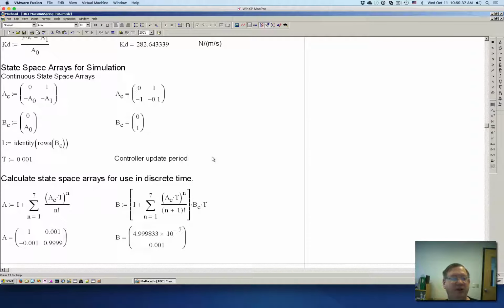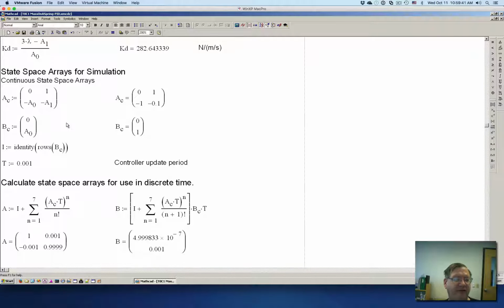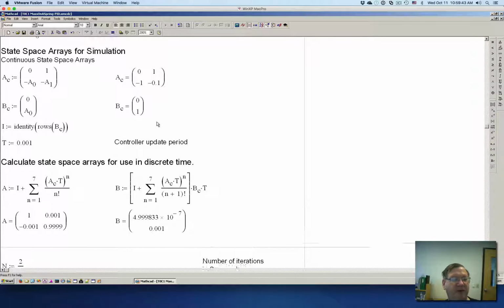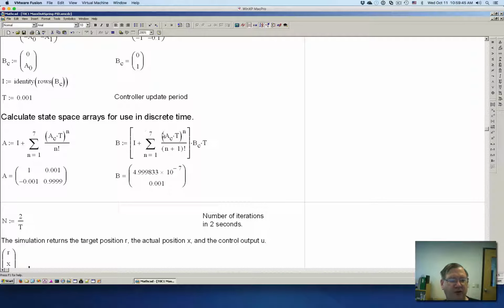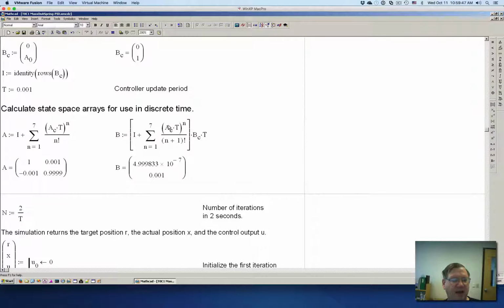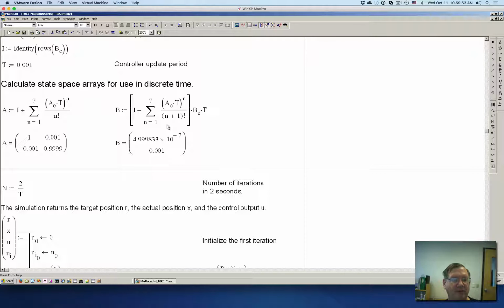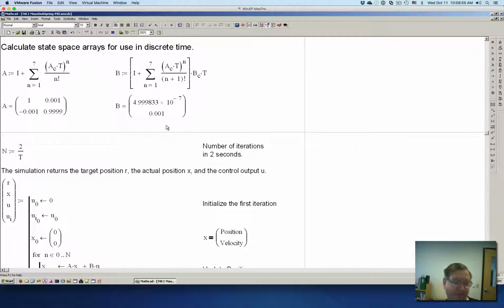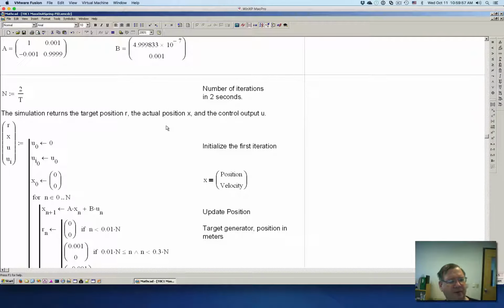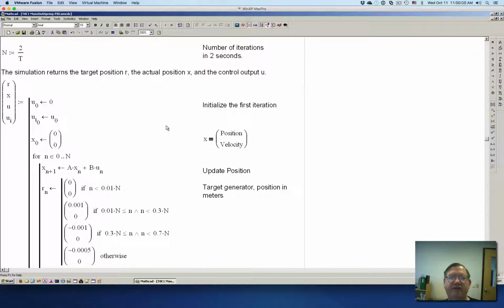Now to do my simulation, I have to take my continuous state space arrays and convert them to the digital format. And I'm not going to get into too much detail on that. On MATLAB, they have functions that will do that for you, but MathCAD does not, but MathCAD is prettier. So now we're going to do the simulation.